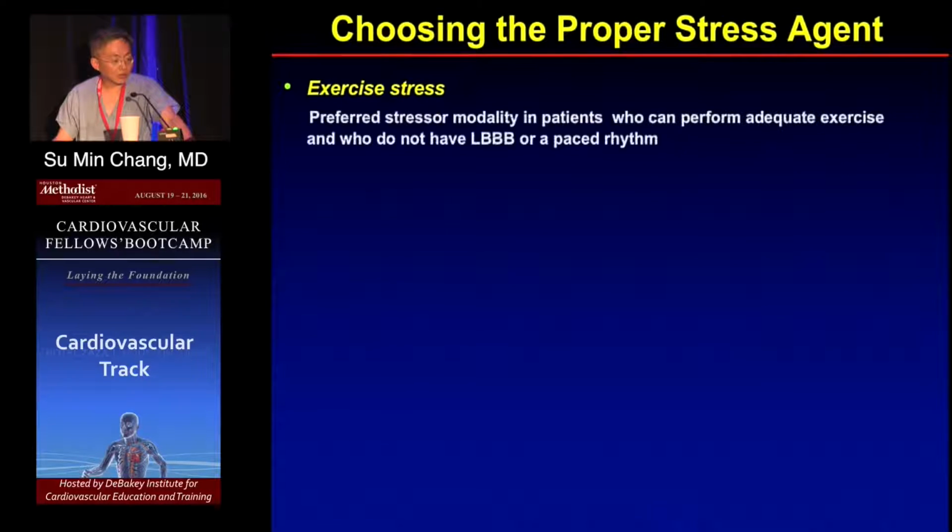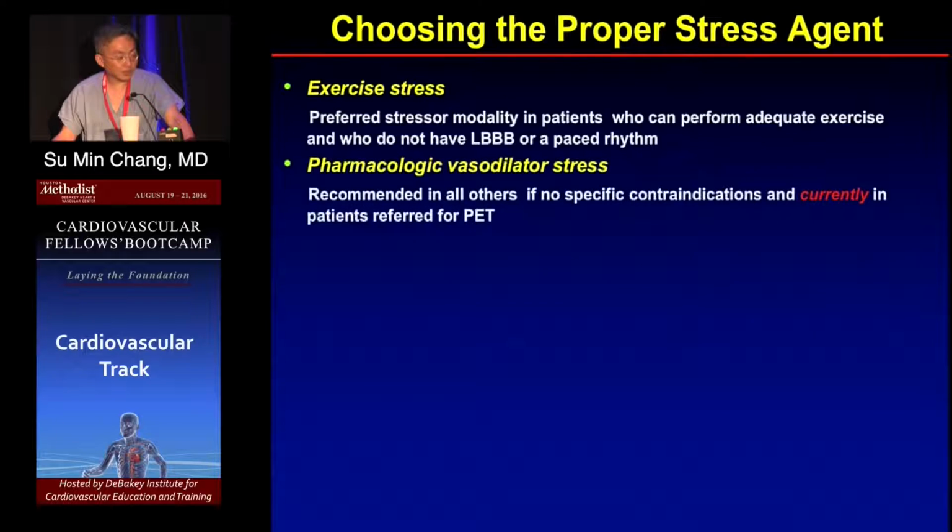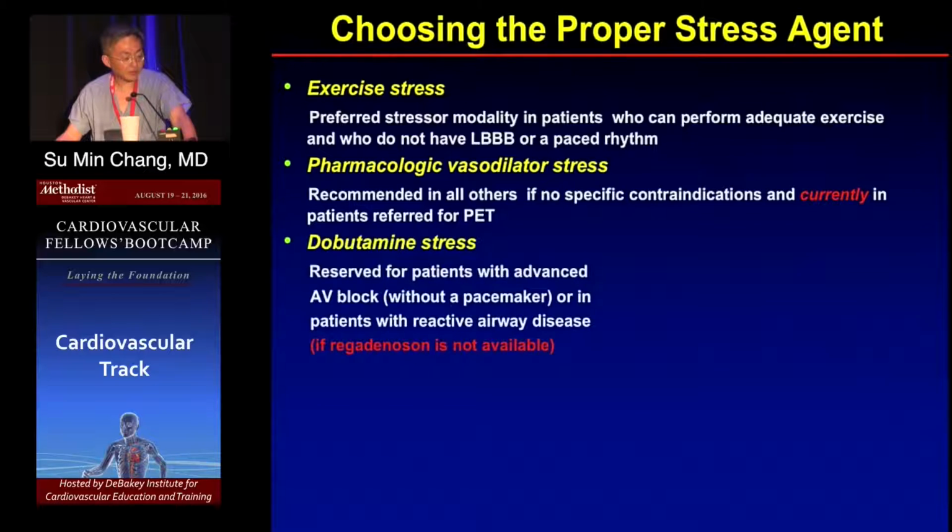Okay, so kind of a summary: how do you choose the proper stress? Exercise is the preferred method of stress if the patient can do it, except if they have left bundle or they're being paced. Pharmacological stress is currently recommended if there is no contraindication, okay?